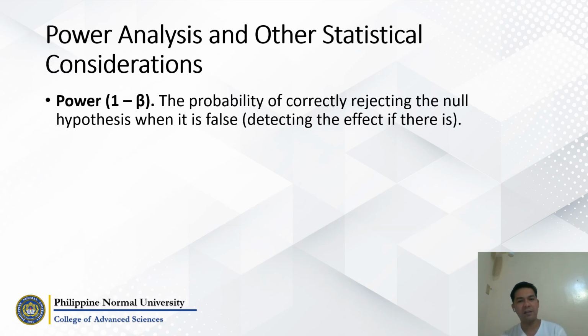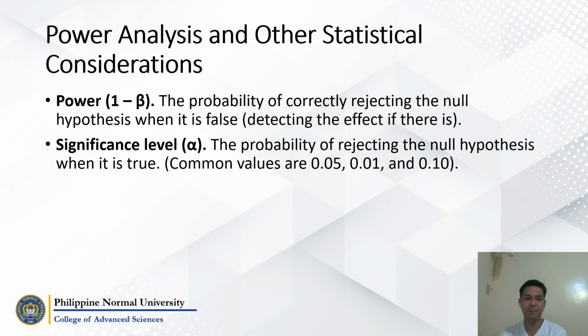So power analysis and other statistical considerations could be the power wherein 1 minus beta is being used, the probability of correctly rejecting the null hypothesis when it is false, or detecting the effect if there is. So we need to also be aware of the power of your research, especially your participants.